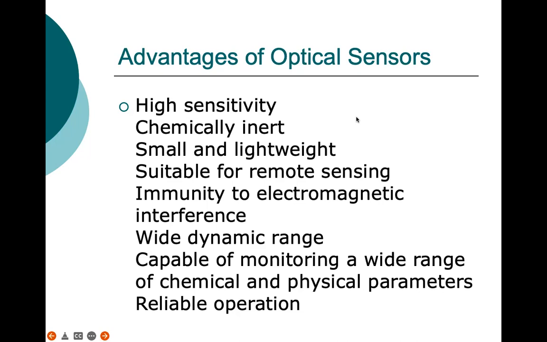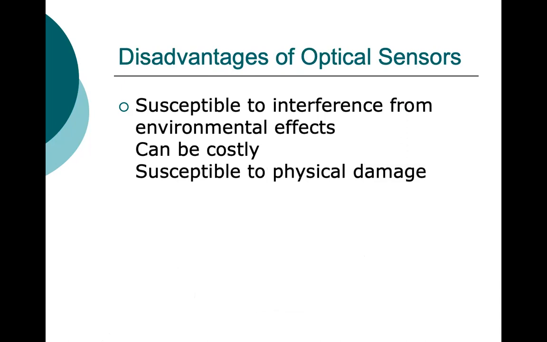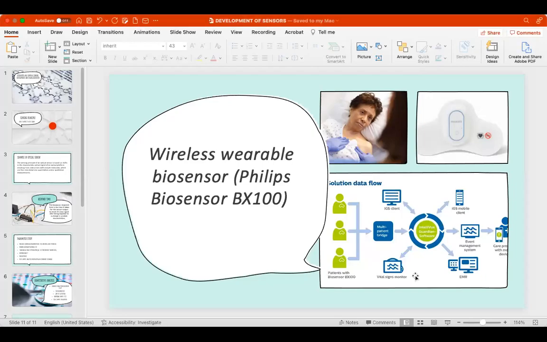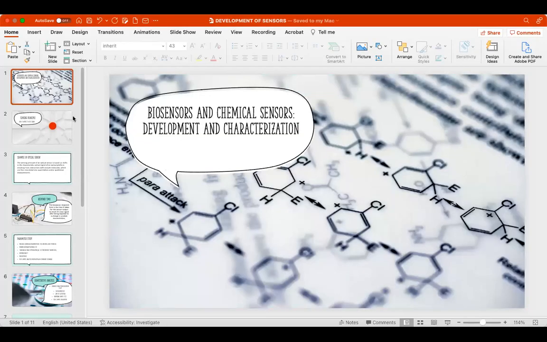So that's why when we are developing sensors, we have to evaluate which one is the best, optical or electrochemical. We have to evaluate the situation first before we decide which transducers are suitable.